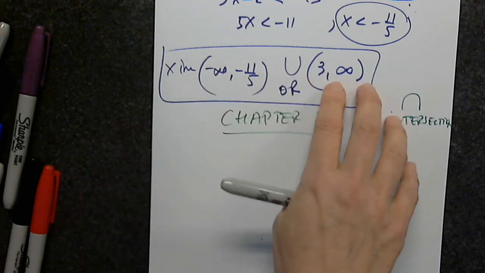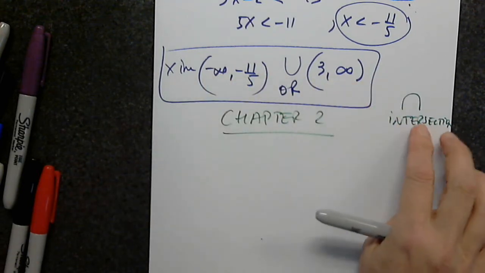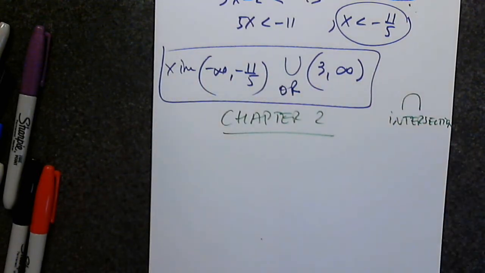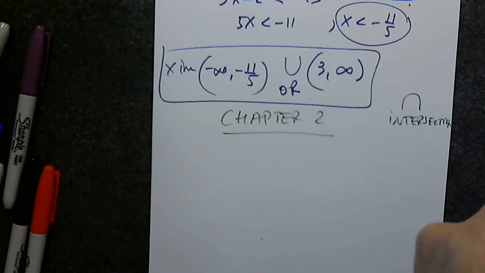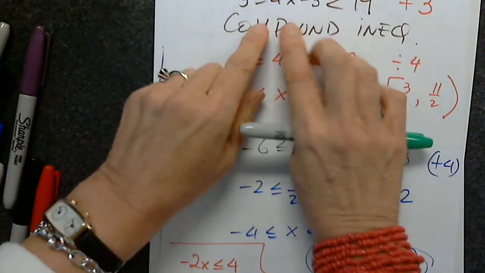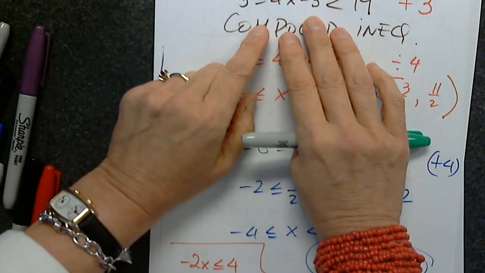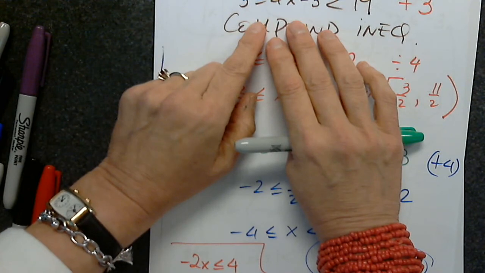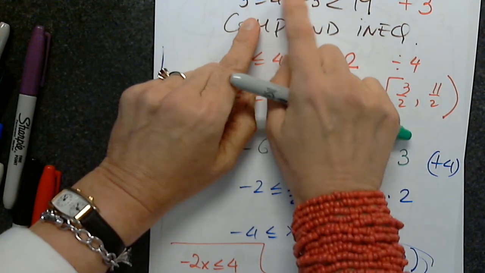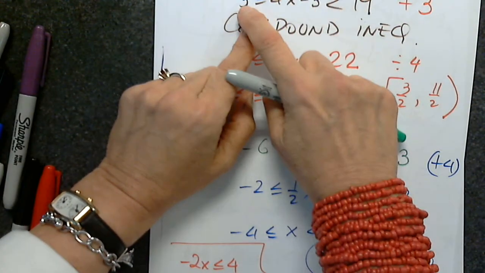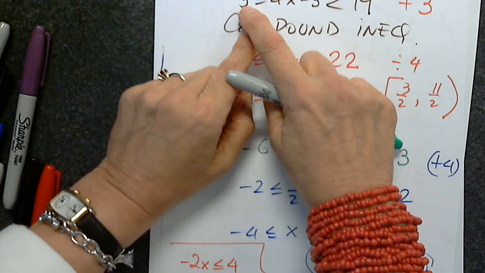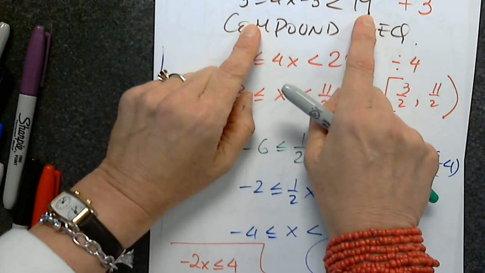You mean this? So the intersection is a very good question. Here's where the intersection comes into play. Here it is, which we do not do because it's much easier not to do the intersection. So this one says that 4x minus 3 is greater than or equal to 3 and less than 19.